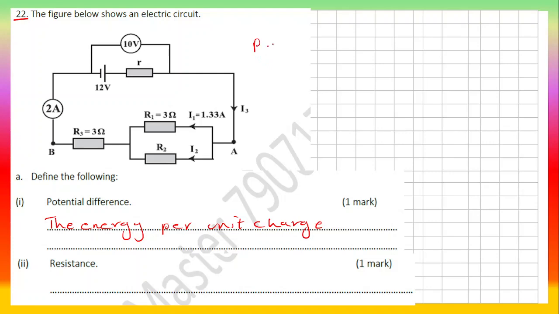So if you want to get the potential difference, we always use the energy transferred. You can also give this one as your answer: energy transferred or the work done. Let me just write W D to mean work done over the charge.